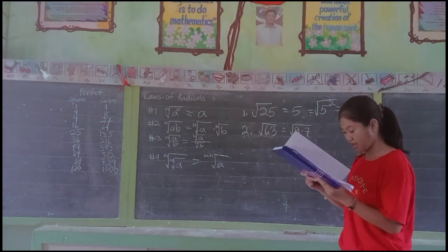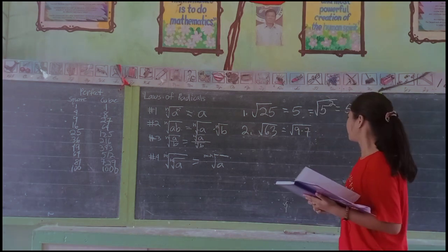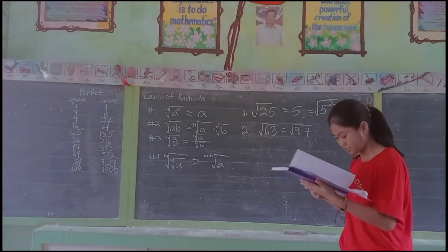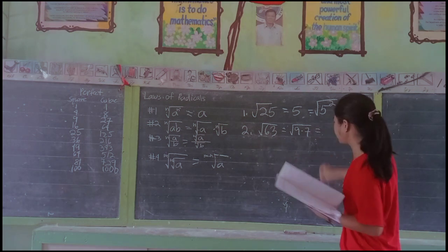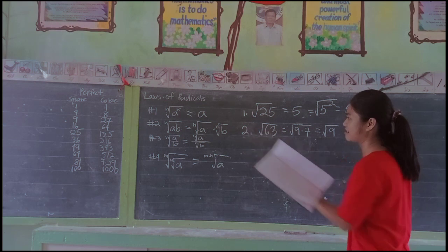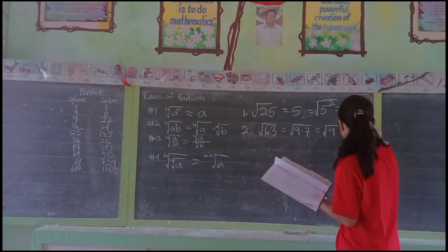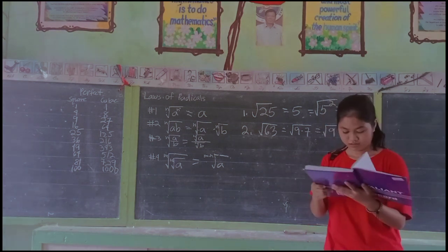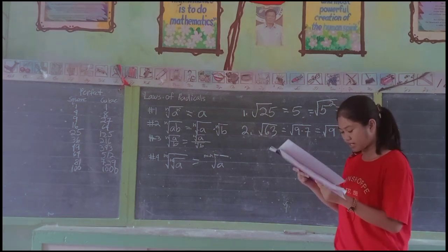So we're actually applying law number 2. The square root of 9 times 7 will be equal to the square root of 9 times the square root of 7. As you can see, the square root of 9 is a perfect square, so we need to extract it.